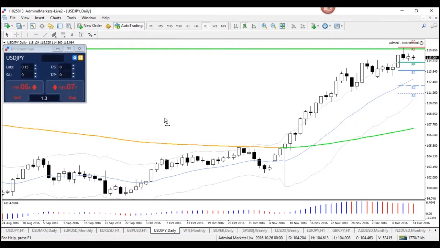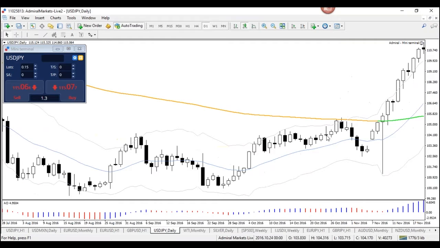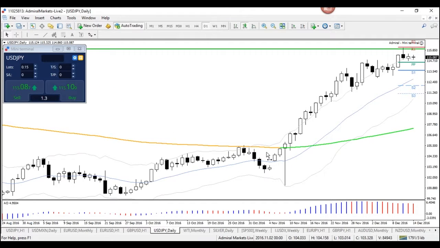Let me see if I can find it here. So this is really nothing. This is one of the reasons why that pin bar is not great. How about this? Is this a pin bar?